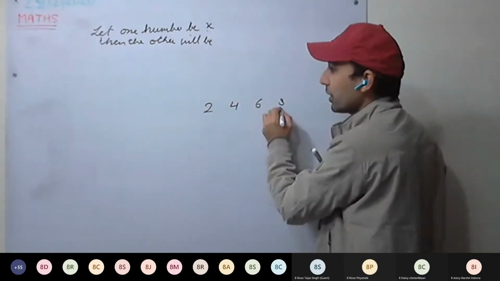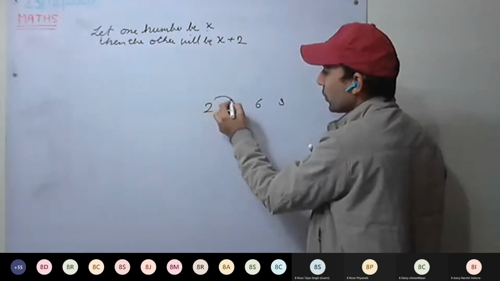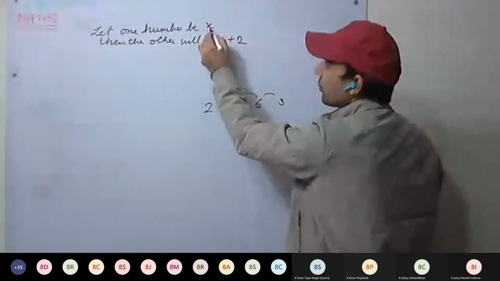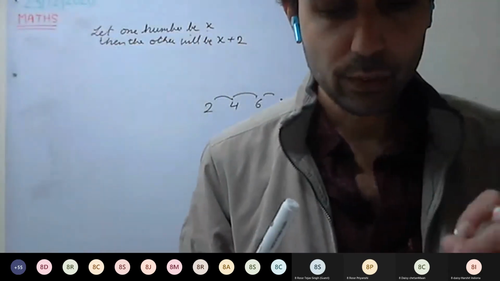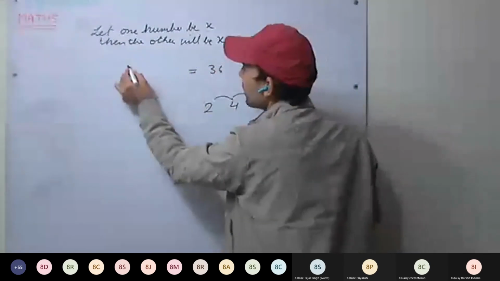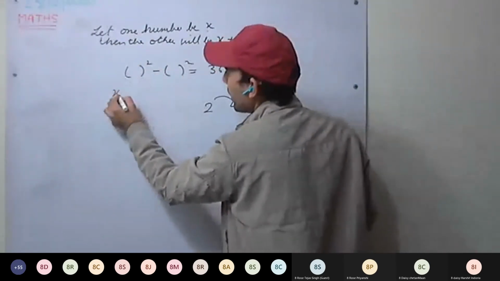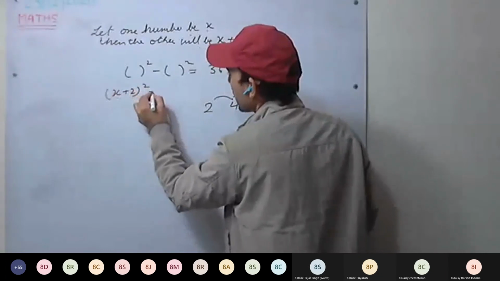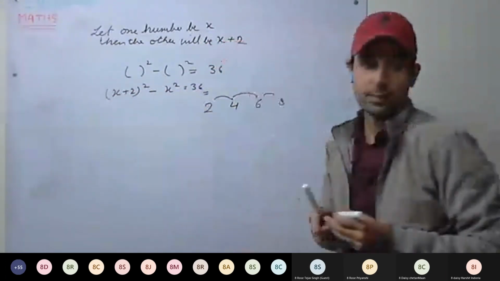These are the consecutive even numbers, so it will be x plus 2, because we are adding 2 each time. If one is x, the other is x plus 2. Now the difference between the squares of two consecutive numbers is 36. Square minus square. So here the bigger number, x plus 2 whole square minus x square equal to 36.